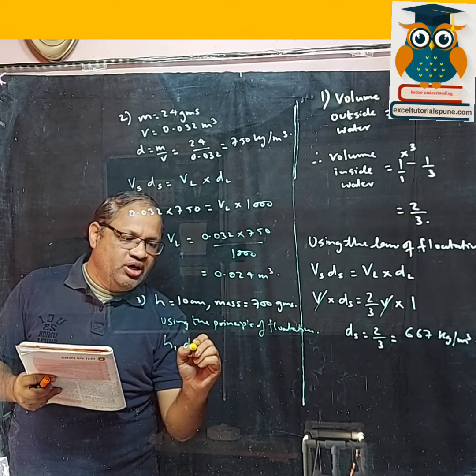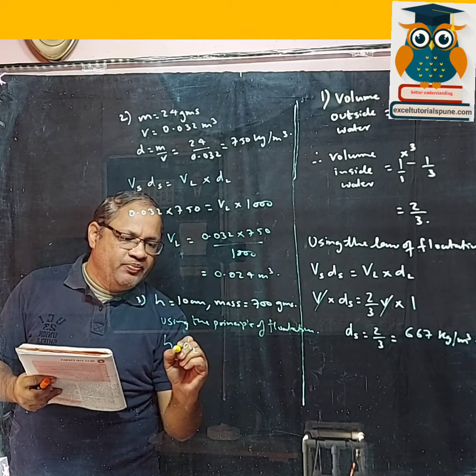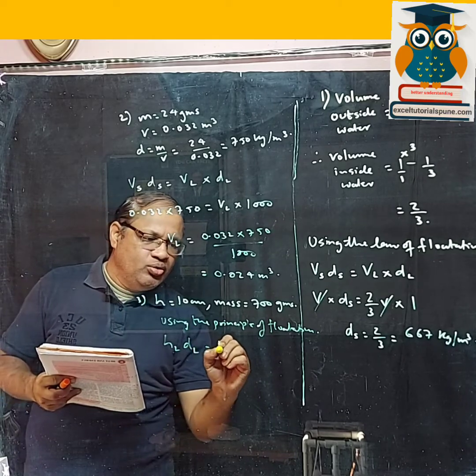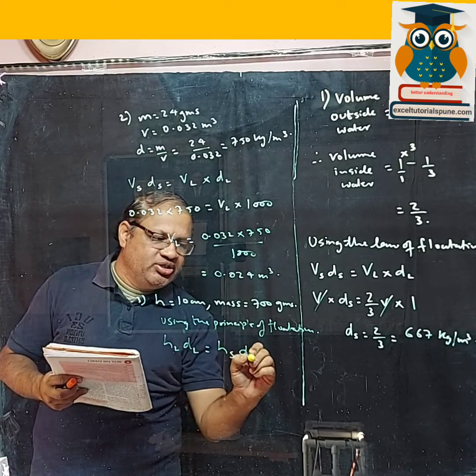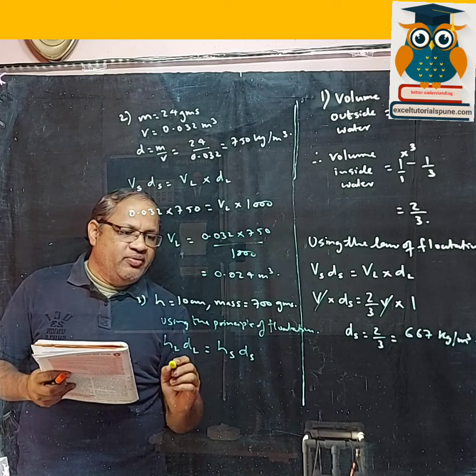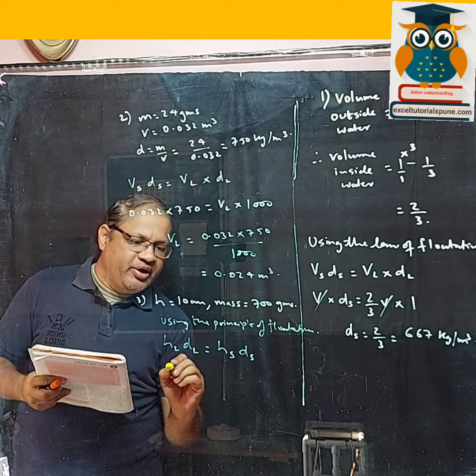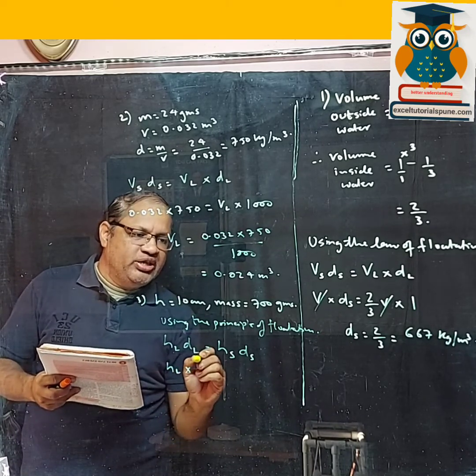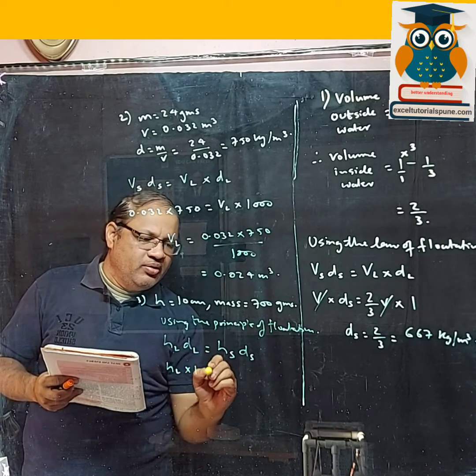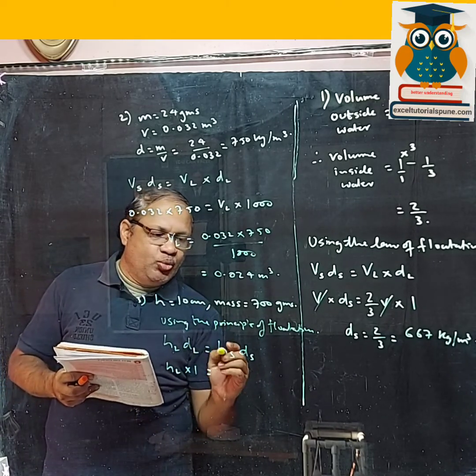height of the solid into density of solid is equal to height of the liquid into density of liquid. So height of the solid in liquid we have to find out, into density of liquid 1 in gram per centimeter cube.